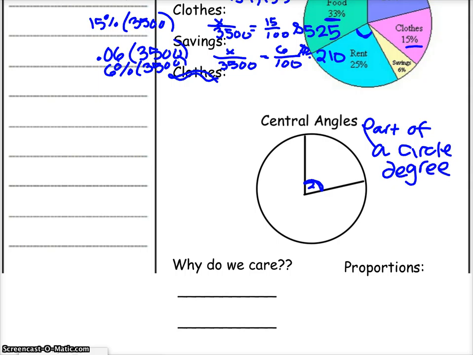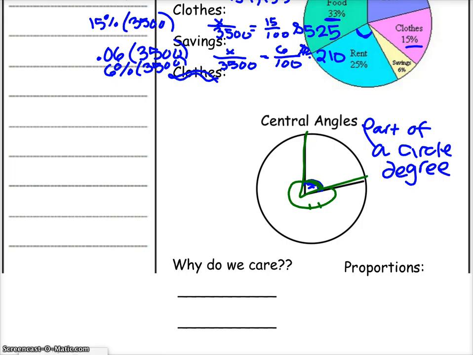A central angle is usually less than 360 degrees, because a whole circle is 360 degrees. You can have a little central angle, or a huge central angle, but typically it's the little angle that the sector creates.